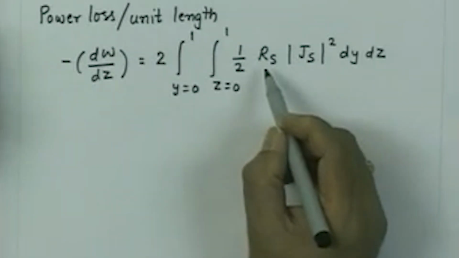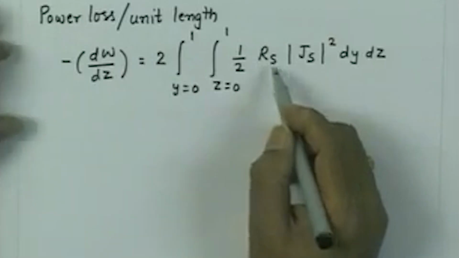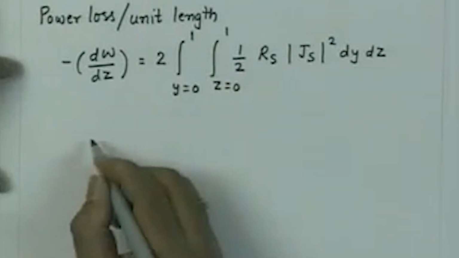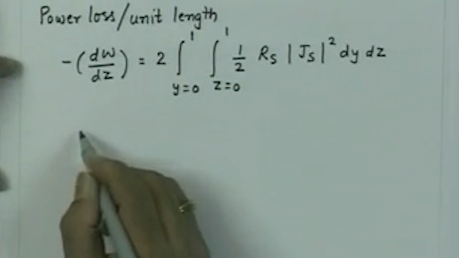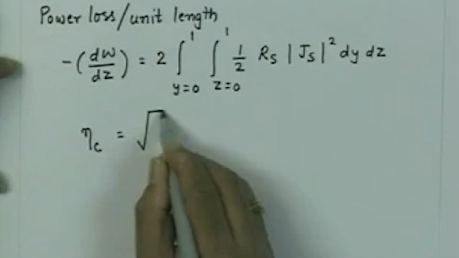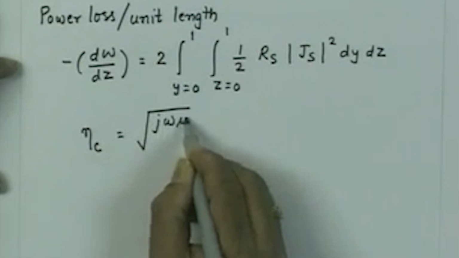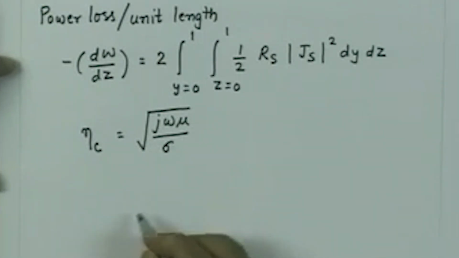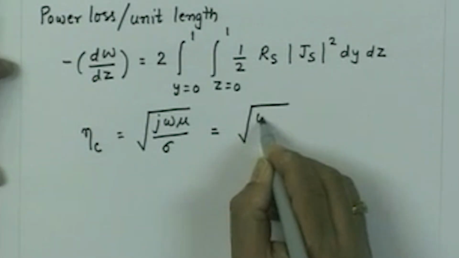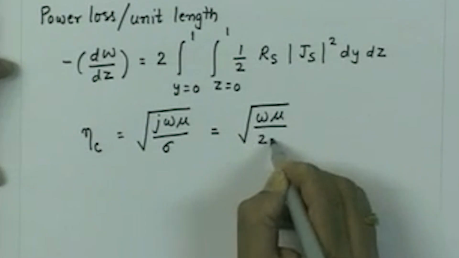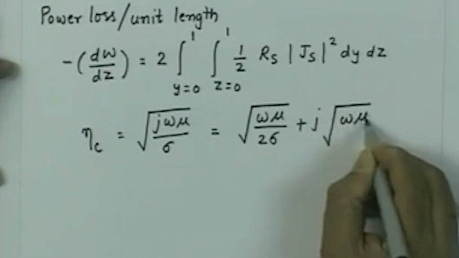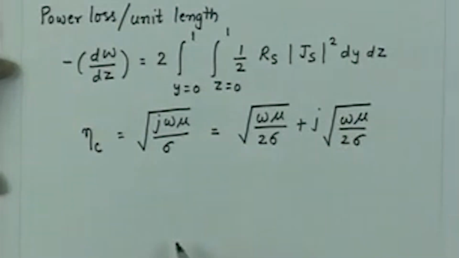And if you recall, Rs was the real part of the intrinsic impedance of this conducting wall. So, just to remind you that the intrinsic impedance ηc for the conductor is square root of jωμ upon σ, which we can separate out into square root of ωμ upon 2σ plus j square root of ωμ upon 2σ.